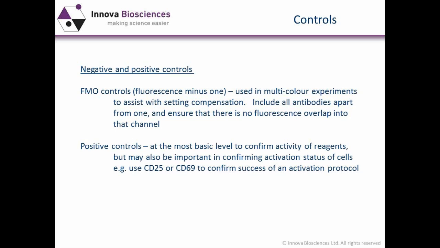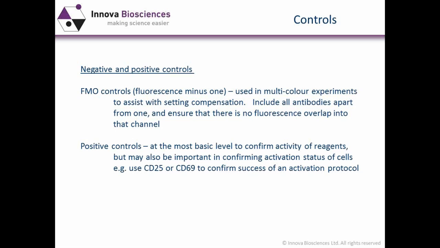Positive controls are often the ones that are most easily overlooked. People think a lot about the negative controls, but remember that it's good to be able to confirm the activity of the reagents that you have. If you're working with simple samples, perhaps with lymphocytes, you often have a lot of internal controls of T-cell markers and B-cell markers that are staining as you might expect.